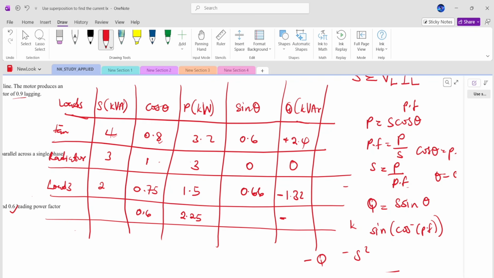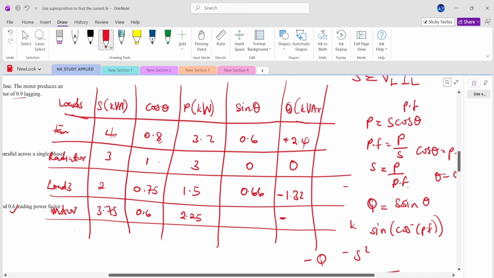Then let's come back to the last load. The last load was the motor. We know P, we know cos theta. It means our S is going to be 2.25 divided by 0.6. That would be 3.75.